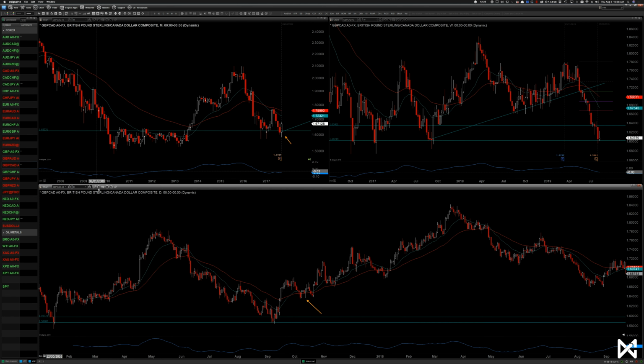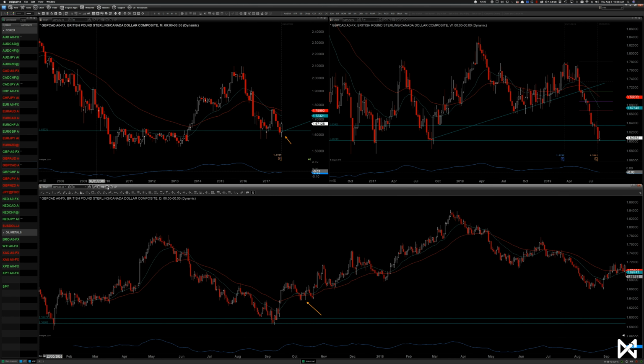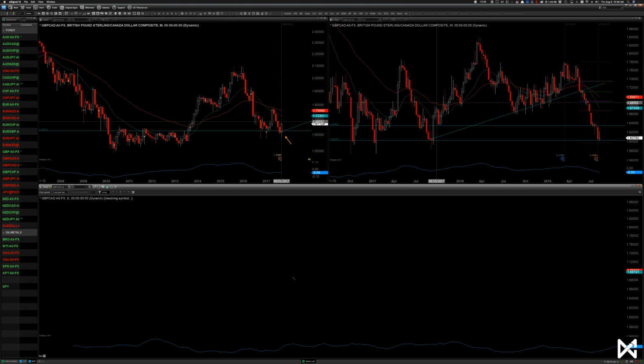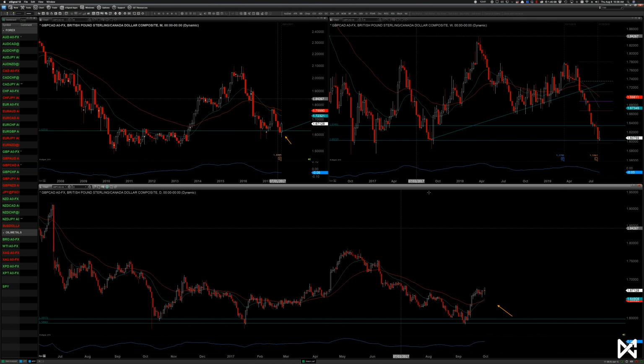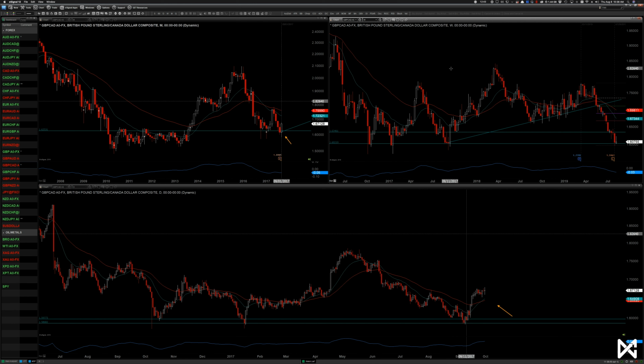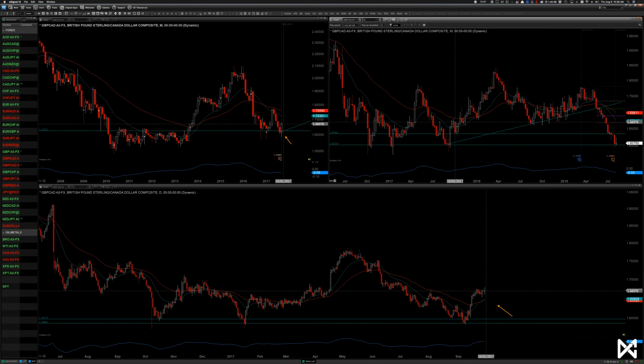When that monthly chart closed, the daily chart was sitting exactly right here. So that is what the daily chart looked like when the monthly chart closed. What about the weekly chart? So if we look at the weekly time frame, jump back right to that time.